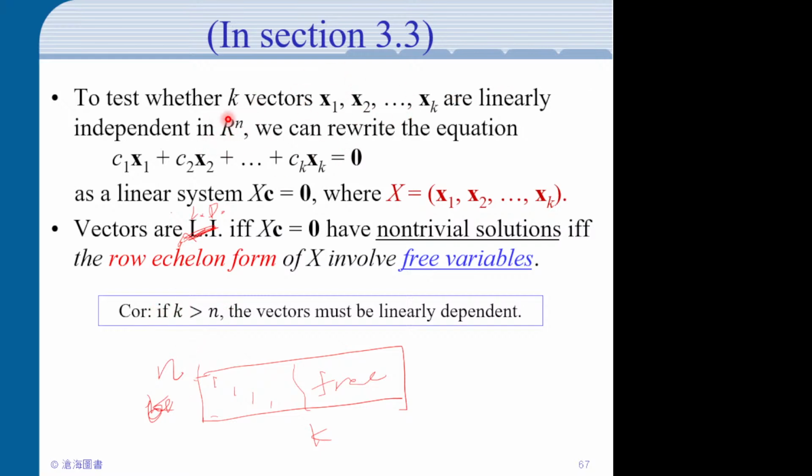So Rn is an n-dimensional space, and we know that there are at most n vectors in n-dimensional space that are linearly independent. So if k is greater than n, then they cannot be all linearly independent.